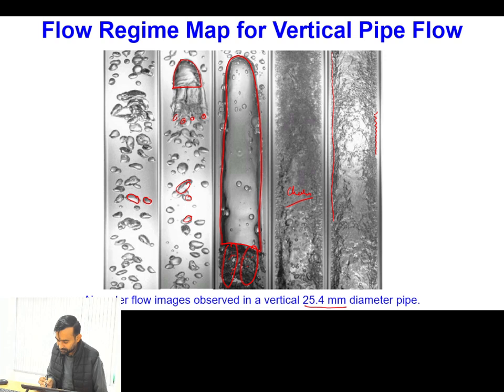Okay, and these waves, depending upon their amplitude, when they grow, extend the liquid lamella into the gas, and this fast moving gas then breaks this lamella in the form of small droplets. Okay, so at the center, what you are finding are the liquid droplets present in the gaseous core.